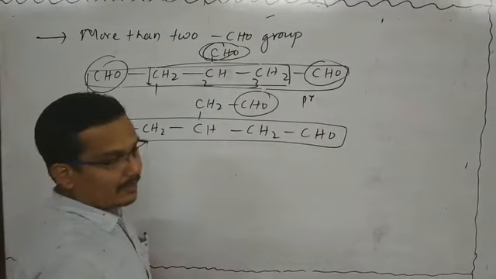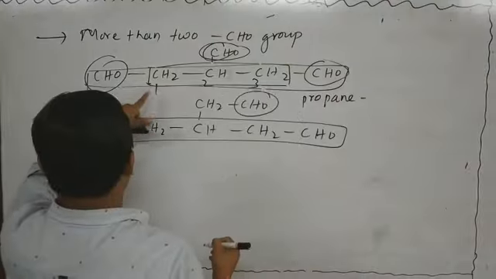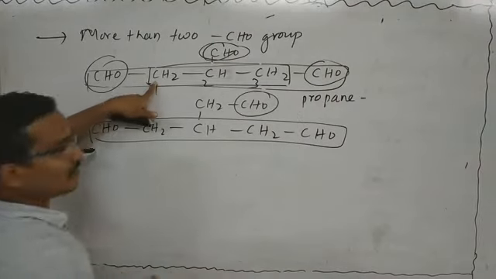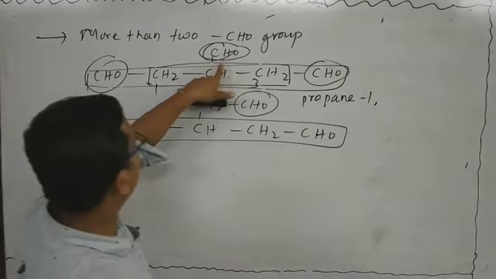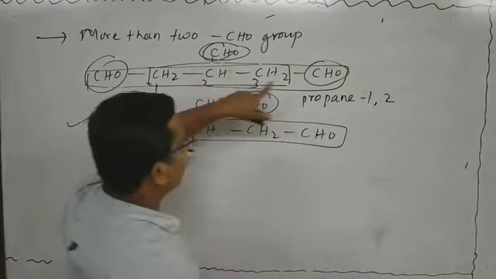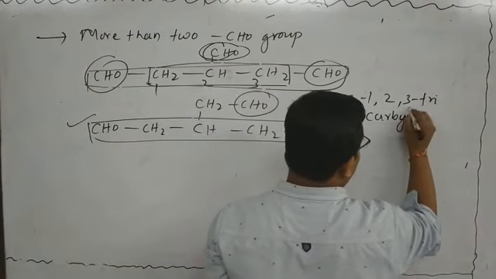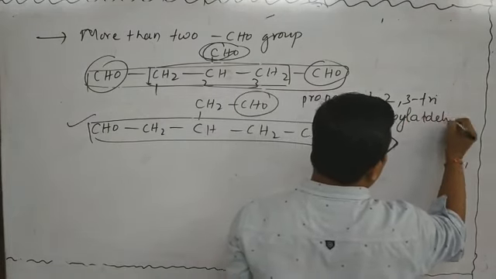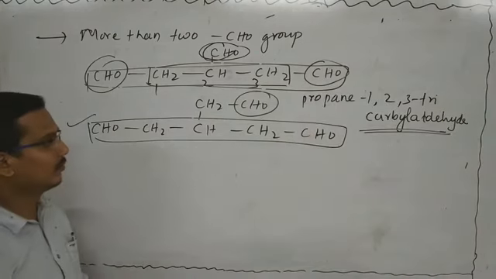There are 3 carbons present, so we write propane. One CHO is linked with this carbon, that is 1. Another is on carbon 2. The third CHO is linked with carbon 3. So 1, 2, 3-tricarbaldehyde. Look at that: here the special suffix carbaldehyde is used.